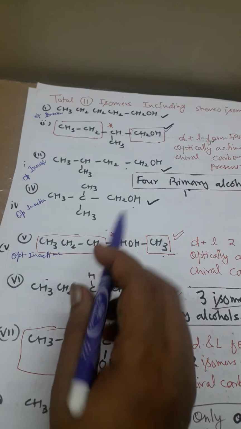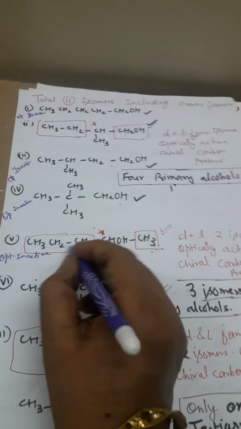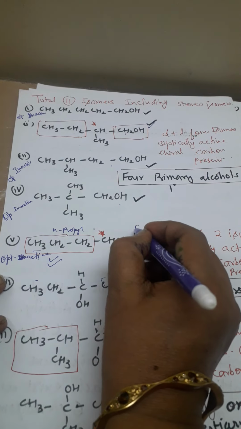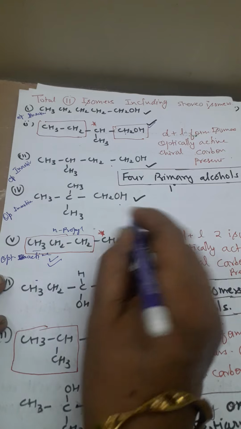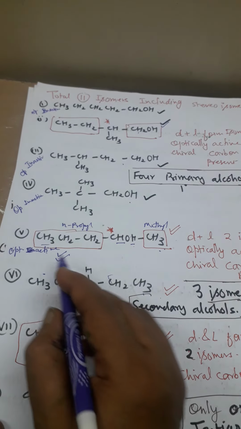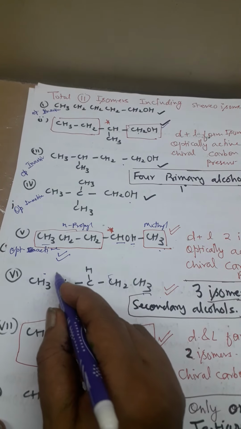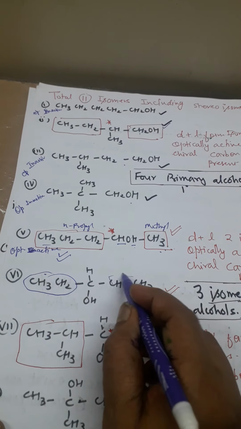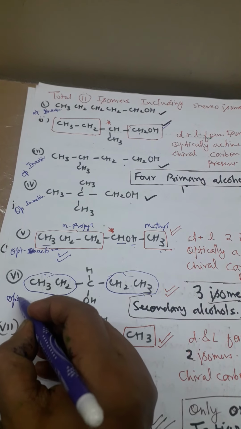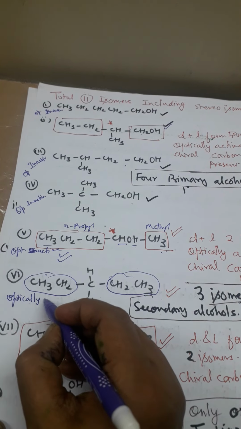Oh, wait. This is optically active, because here a propyl group is there. Sorry. This is optically active because propyl is here, methyl here, and H and OH, 4 different groups are there. And then this one is optically inactive because both are the same. Optically inactive. Clear?